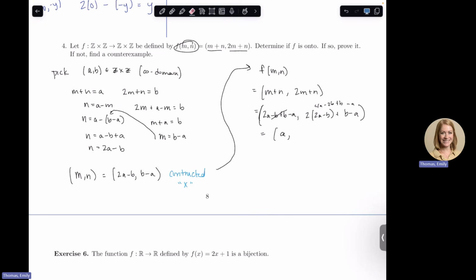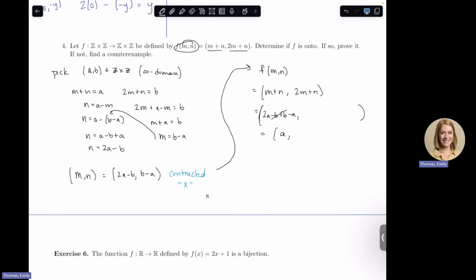One right above where you were writing, this one? The one right after. This one? Yes, so M is B minus A, right? So you substitute that in. I thought M was 2A minus B. Oh, I did it wrong over here, y'all.